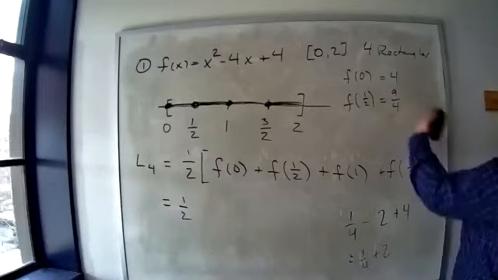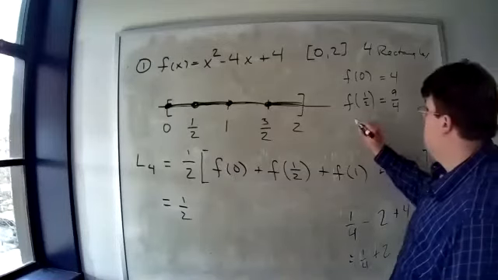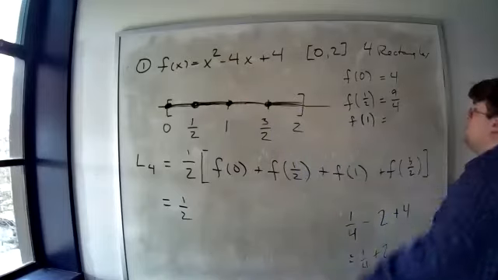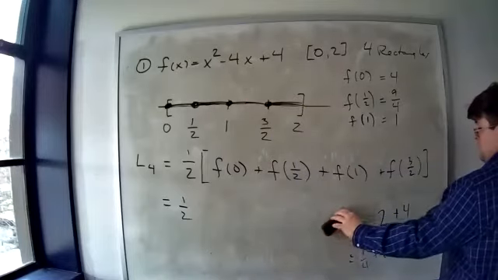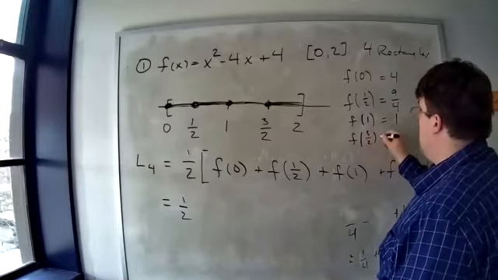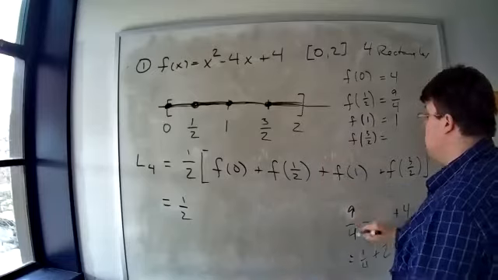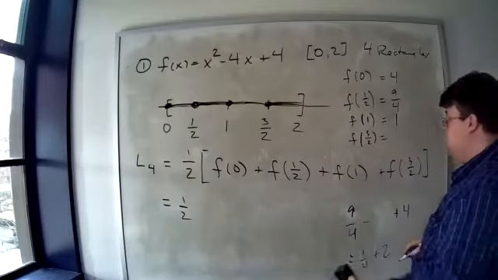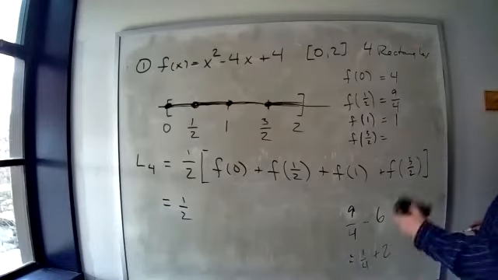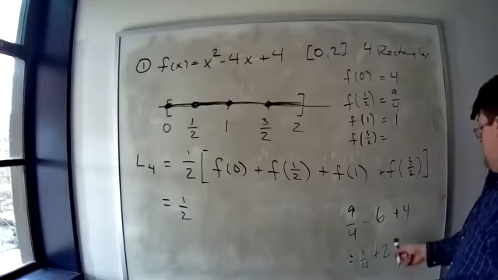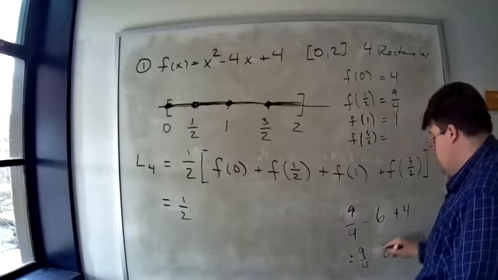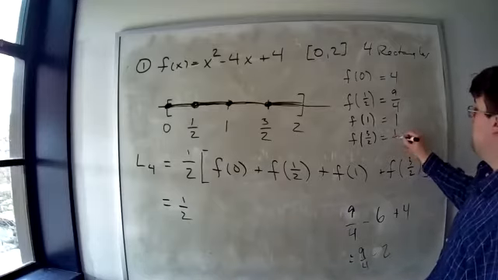So a quarter plus 8 quarters gives us 9 quarters. f of 1, 1 minus 4 plus 4 is 1, and f of 3/2, 3/2 squared is 9/4, minus 4 times 3/2, 1.5 of 4 is 6. So negative 4 times 3/2, negative 6 plus 4. And then what is this? It's 9/4 minus 2, which is 1/4.